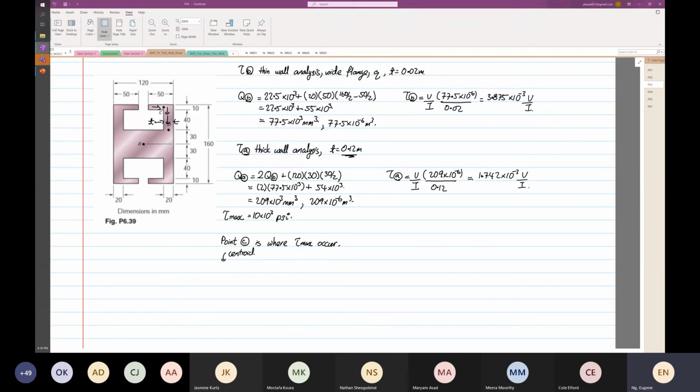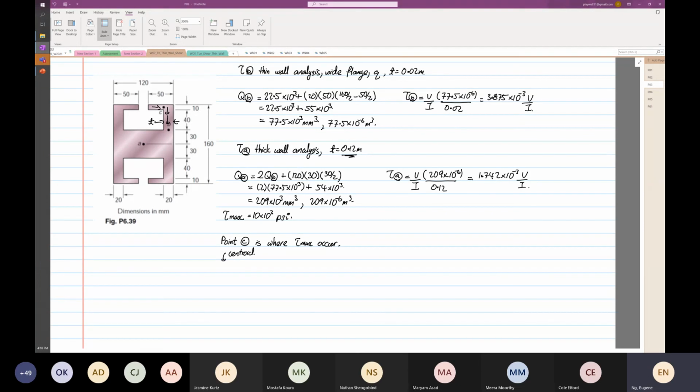So now you realize that the maximum shear is not necessarily at the centroid when you have a mix of thin wall and what? Thin wall, yes or no?